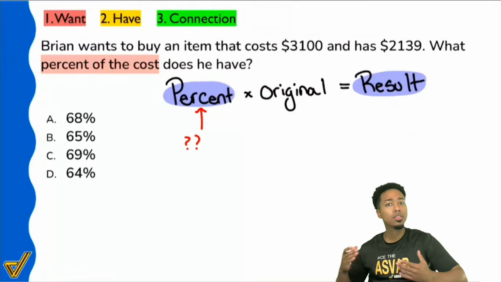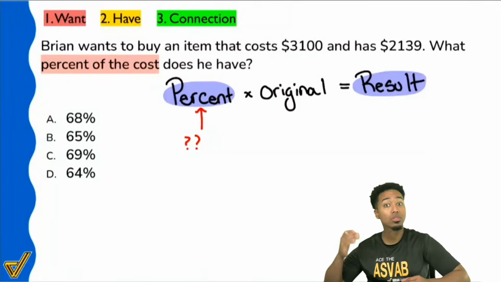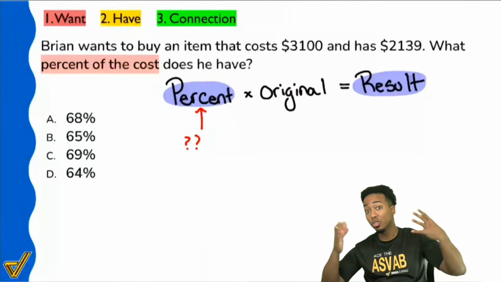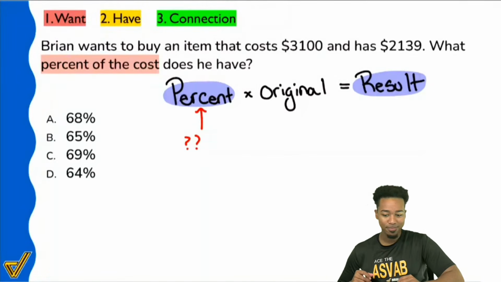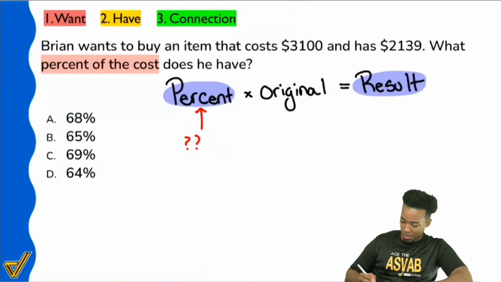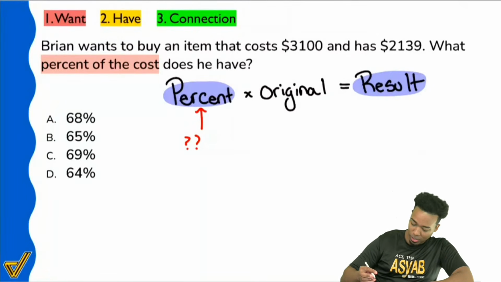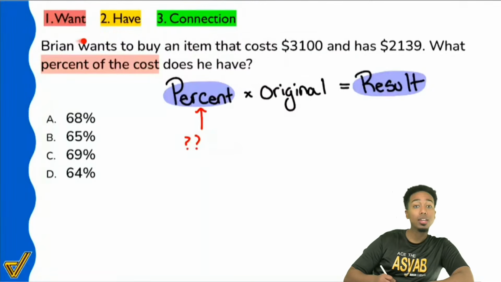But do we know anything else? Do we know the amount of what we have? Do we know what the original 100% is? Do we have these things? Yeah, answer is yes. Take a look right over here. If we take a look at the information, it says, hey, Brian wants to buy an item that costs $3,100 and he has $2,139.